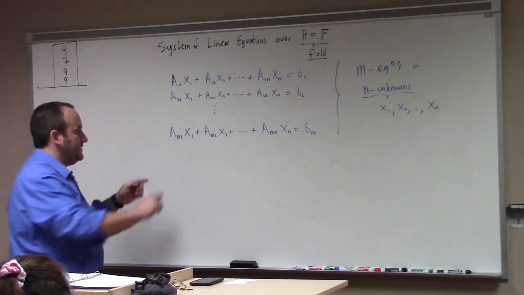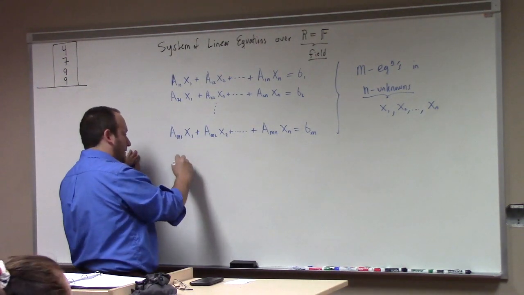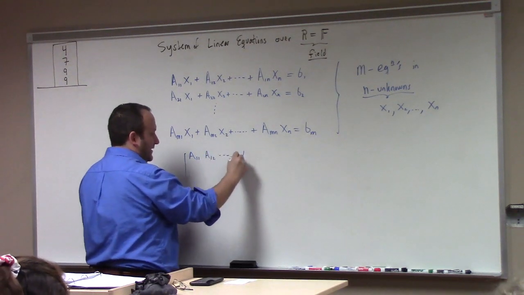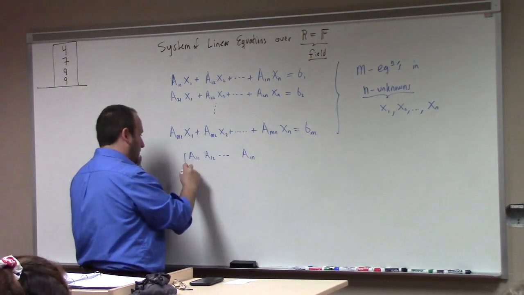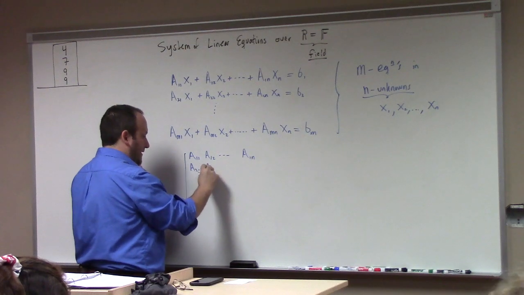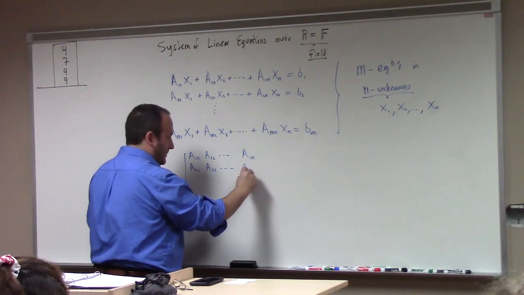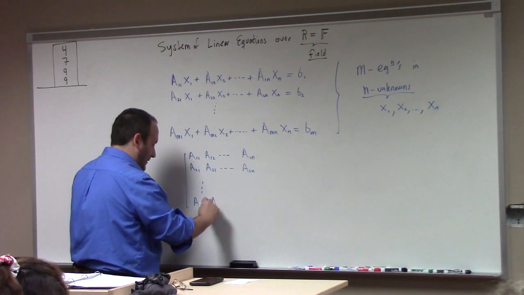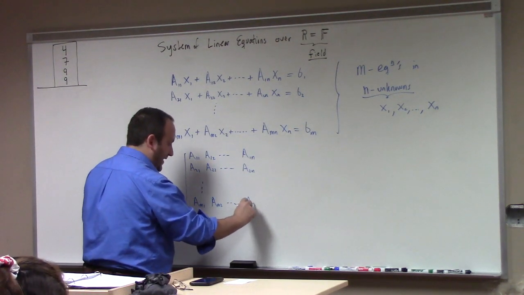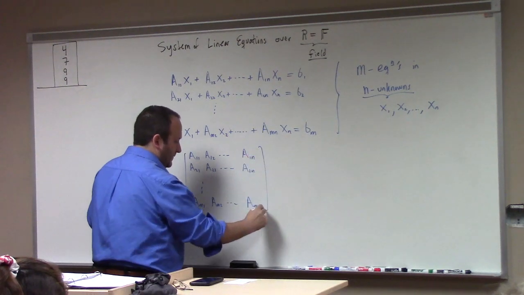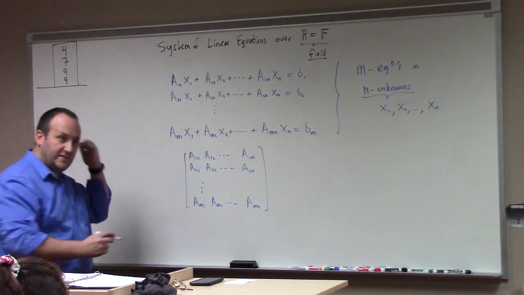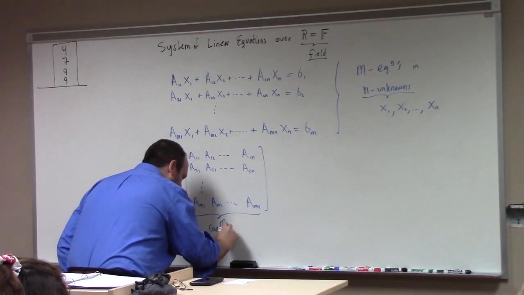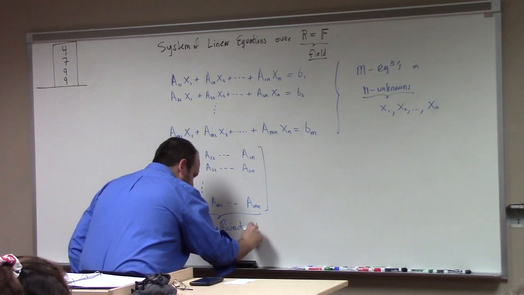All right, so this can be rewritten as the matrix a11, a12, dot, dot, dot, a1n, a21, a22, dot, dot, dot, a2n, and so forth and so on, down until we get to am1, am2, all the way over here to amn. All right, this is the so-called coefficient matrix.